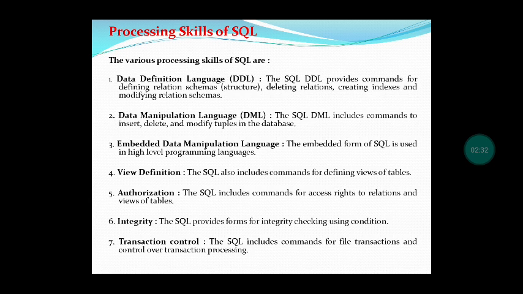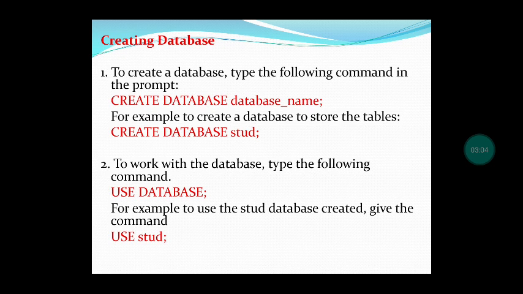Embedded DML is also available as a processing skill in SQL. It is used in high-level programming languages. For viewing definitions, it also includes defining a view of the table. For authorization, it has the rights to relations and views of the table. It has integrity checking conditions, transactions are possible, and it has control over transaction processing.